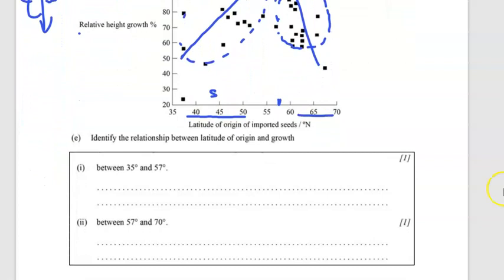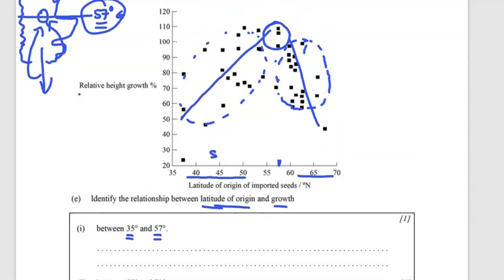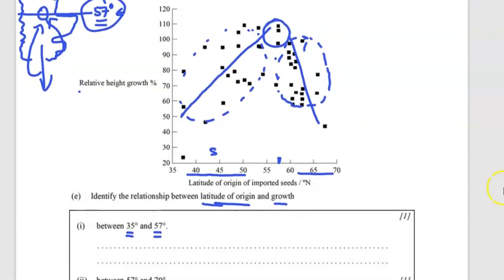And it does in fact ask, identify the relationship between the latitude of origin and growth. And we begin with 35 degrees and 57 degrees between those areas. So let's scroll slightly up so we can see it.